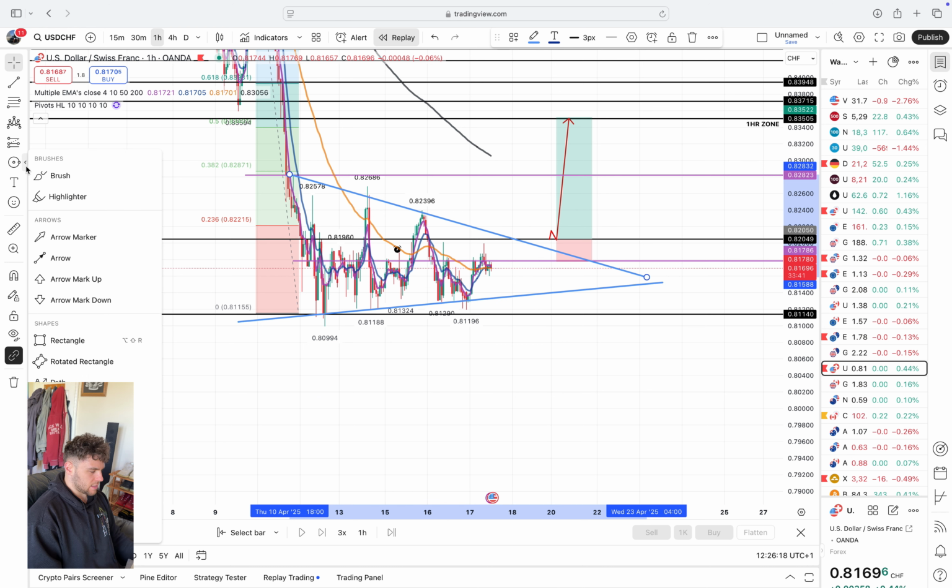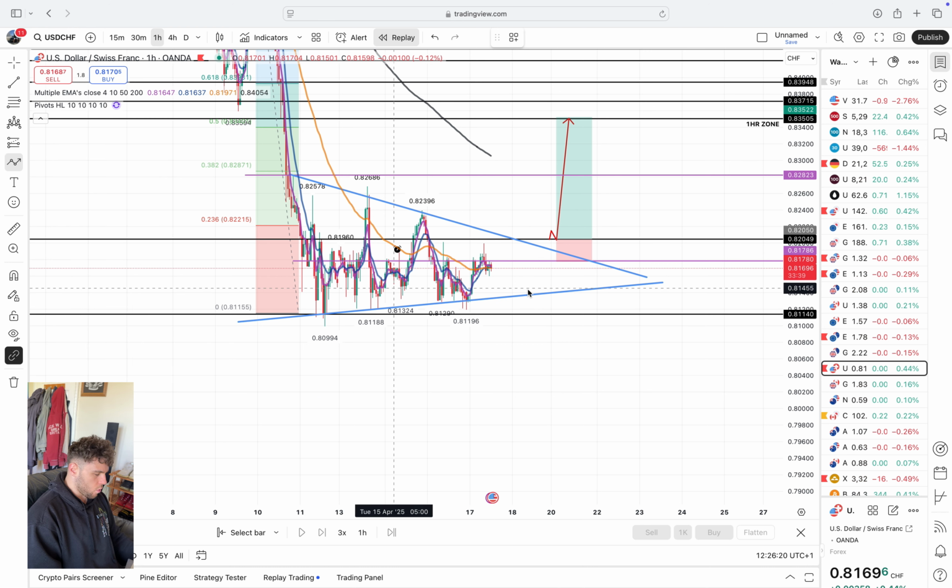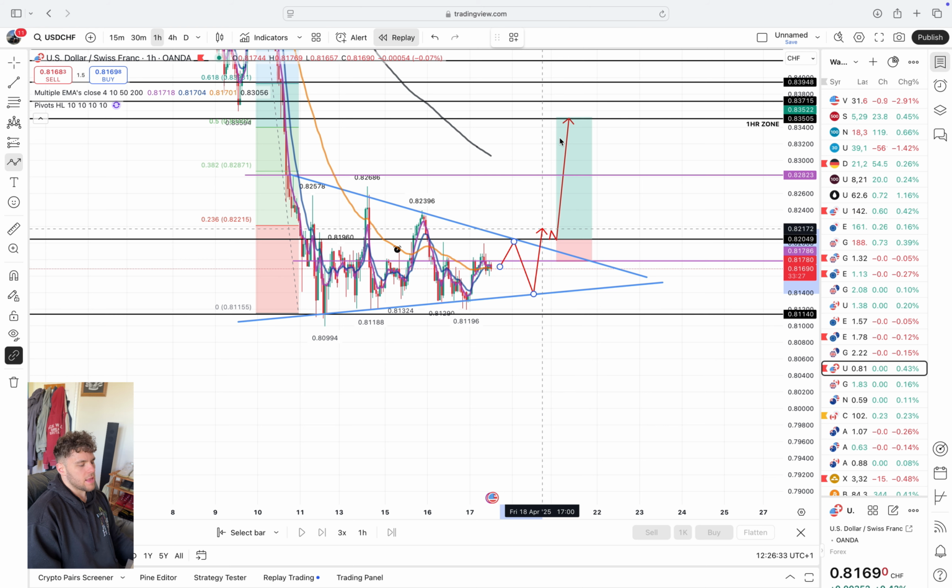So what I'm going to wait for is maybe this bouncing around in here a bit more. We might see a bit of this action. And then when we get the break of the trend line here, and the close of this area, we can take the bias to the upside, because we would have broken out of structure.